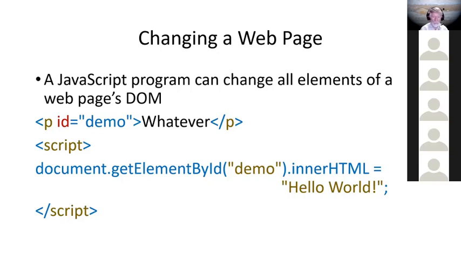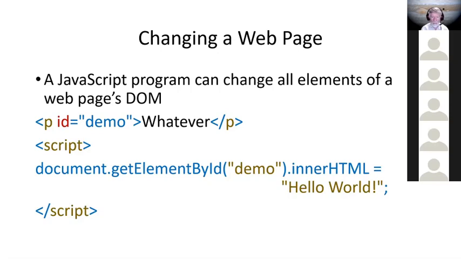Okay, and then there's some JavaScript. Starts with the bracket script, and ends with the /script. And inside there is a bunch of JavaScript. In this case, there's one line. It's a one-liner. And document, the name document, is the root of the domain object model. It's a JavaScript object, and it has a variety of methods and properties that you can call upon.